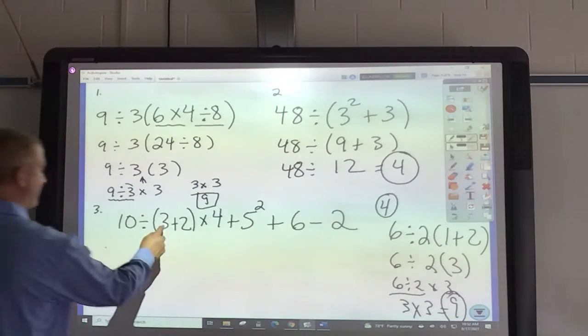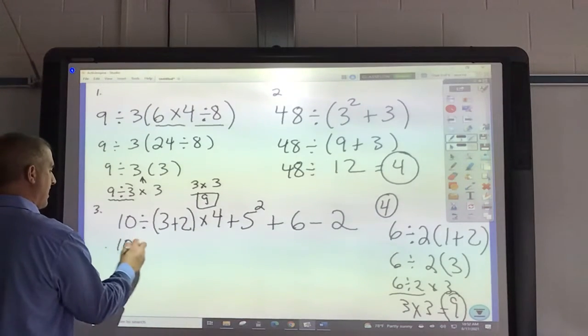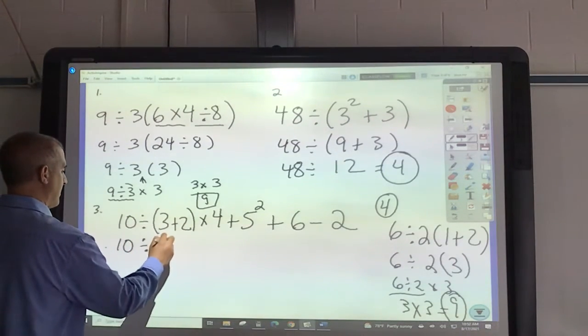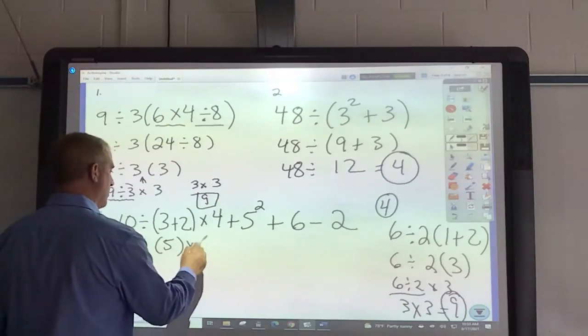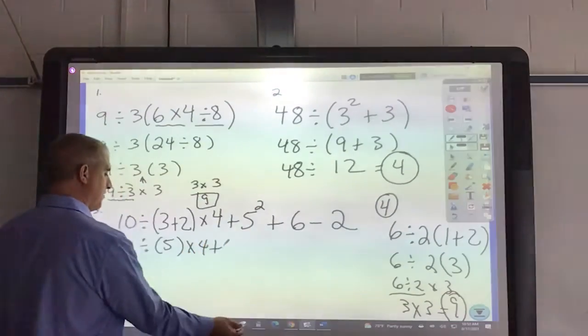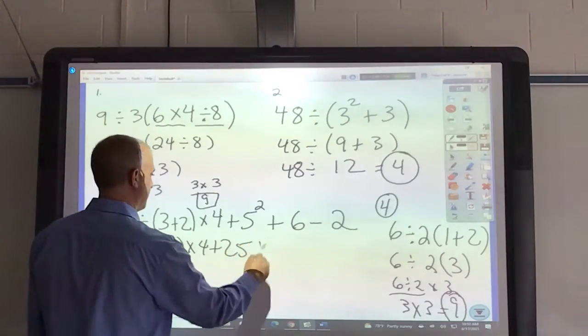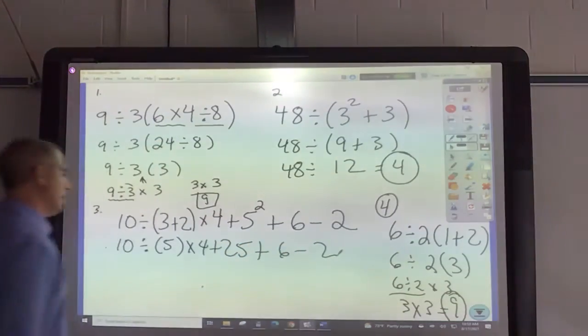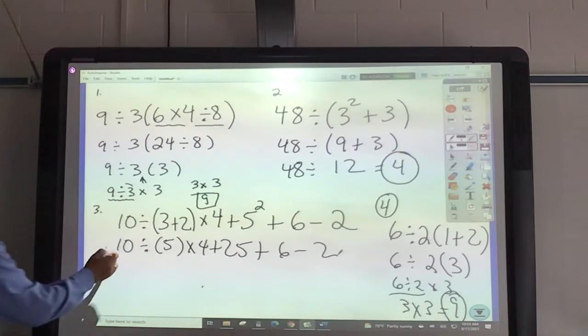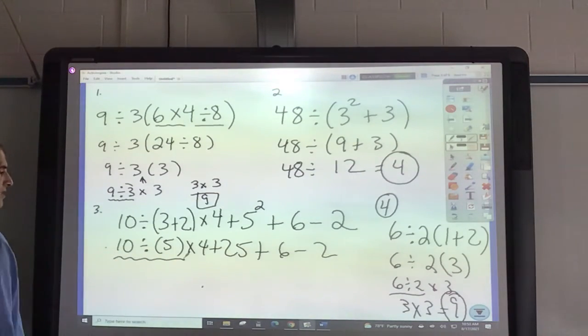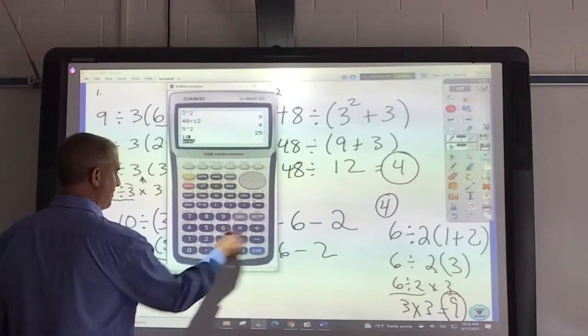All right, one that's a little bit more complicated. Let's start with the parenthesis part first. So that's going to be 10 divided by 5 times 4 plus, let's do 5 squared. 5 to the second power is 25 plus 6 minus 2. Okay? Now, I got a couple of things left here. I got this division going on. 10 divided by 5.